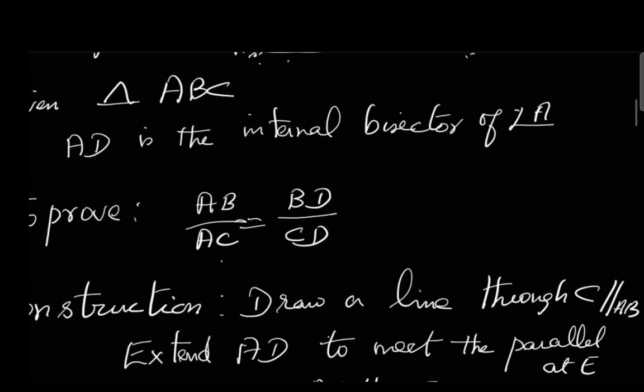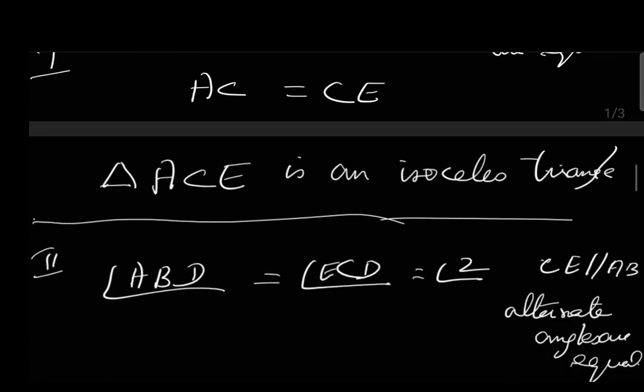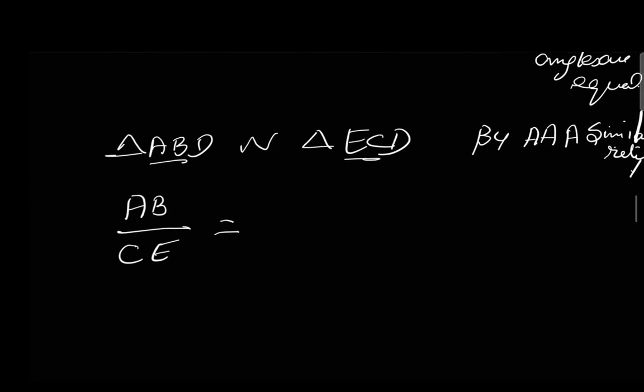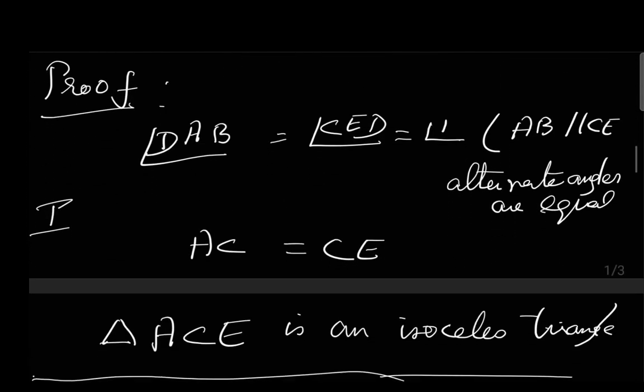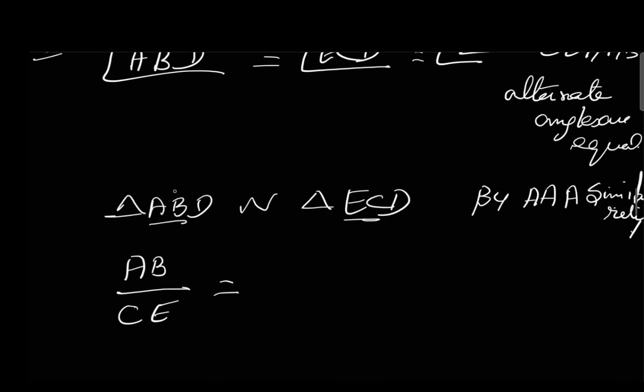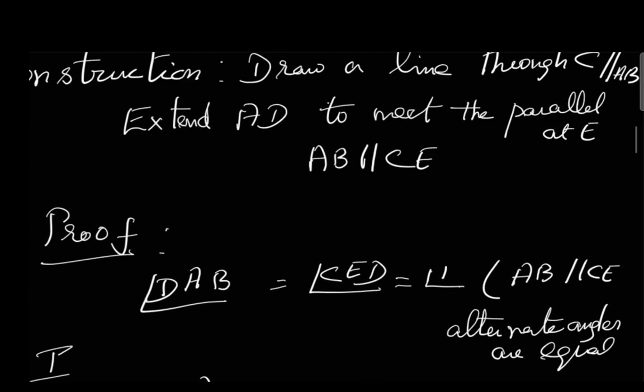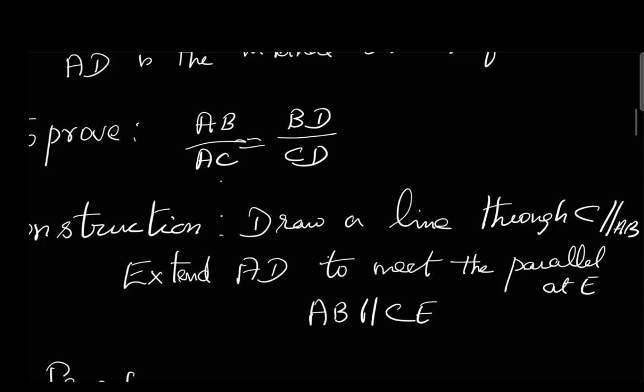And then AB by AC, I have to get AC. Sorry, take the right side ratio, BD by CD. Where do you get BD in the first triangle? BD, second and third letter. BD by the second and third letter is CD.